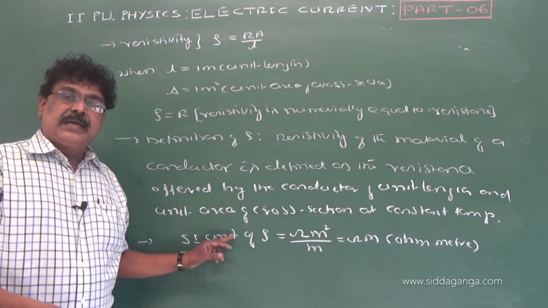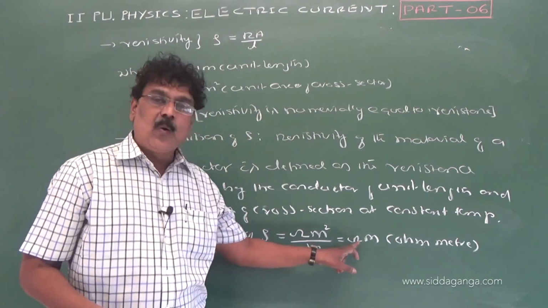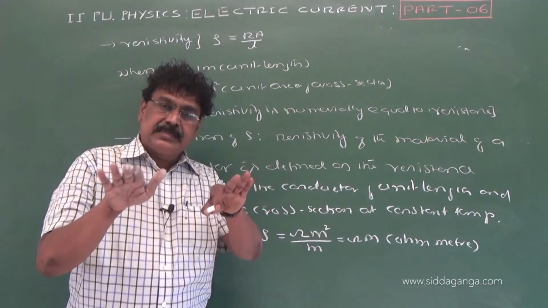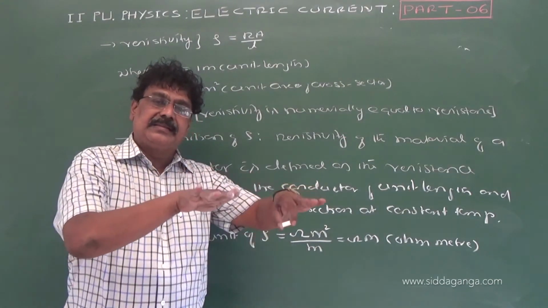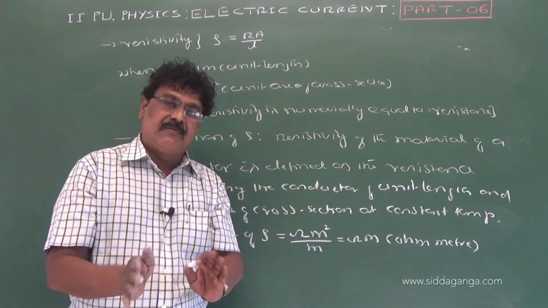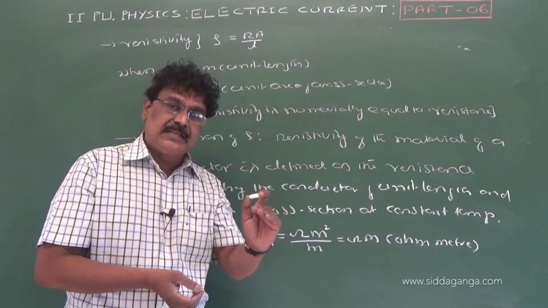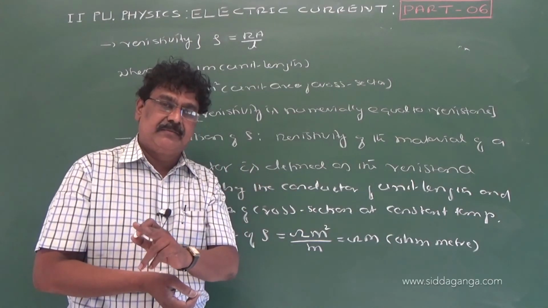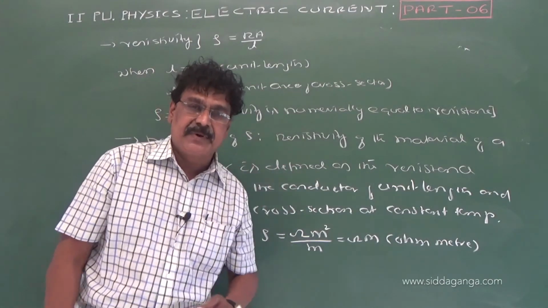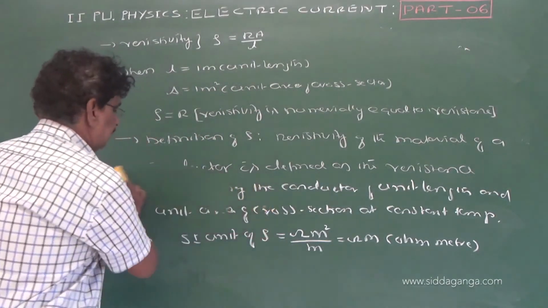So the SI unit of resistivity is ohm meter. Resistivity and resistance are two different physical quantities. Of course, they are related. Resistance depends upon resistivity, but resistivity is independent of resistance.